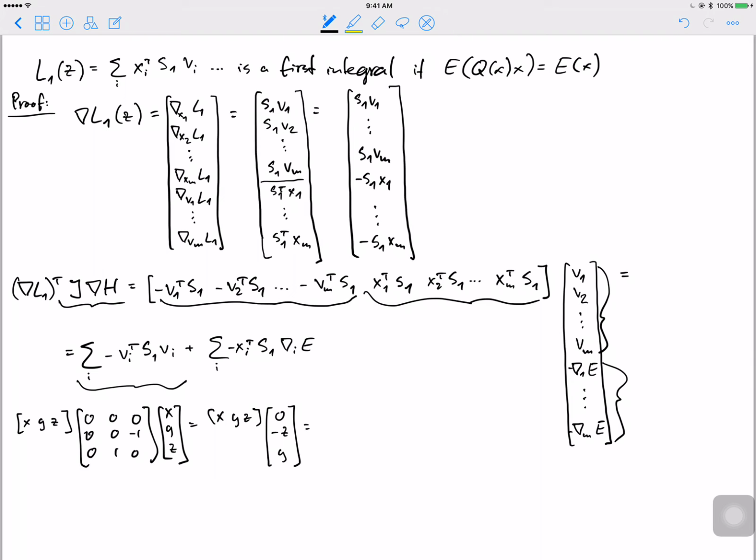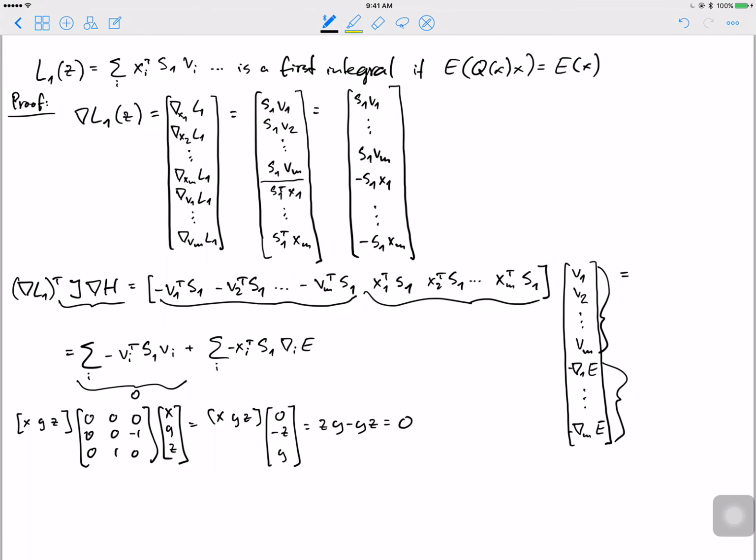And how much is that? So that will be zy minus yz, but that certainly is 0, right? Because those are real numbers, so they are commutative. Even if they are complex, they would still be commutative. So indeed, this whole thing goes away. That is 0, because all of the terms are 0.